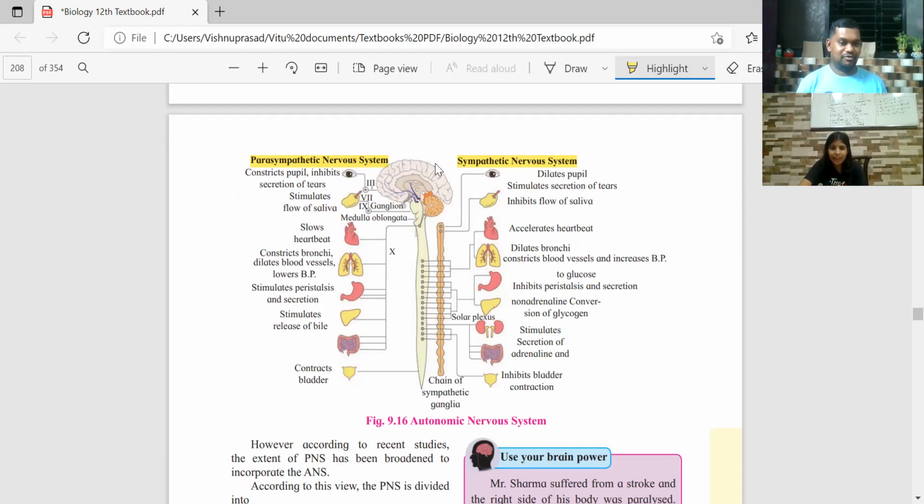Sympathetic and parasympathetic are said to be antagonistic to each other. See this. Sympathetic क्या कर रहा है? Accelerates the heartbeat. Parasympathetic क्या कर रहा है? Slows the heartbeat. They both go hand in hand.